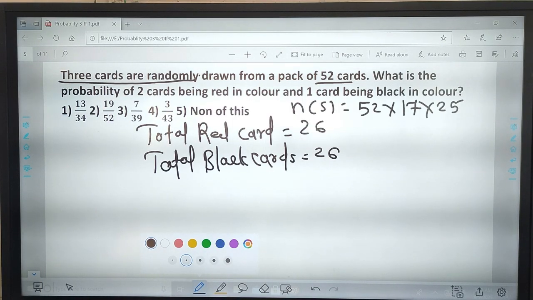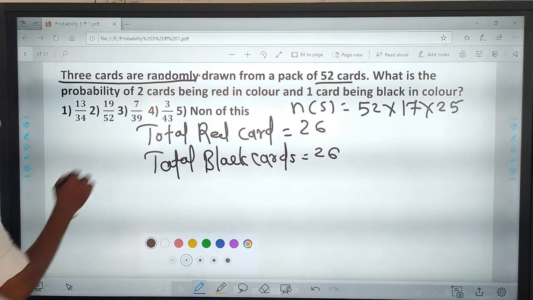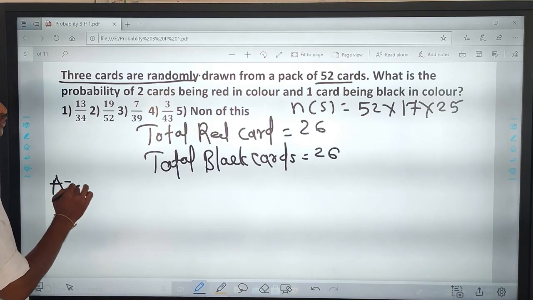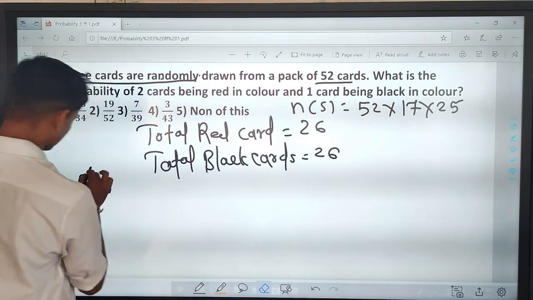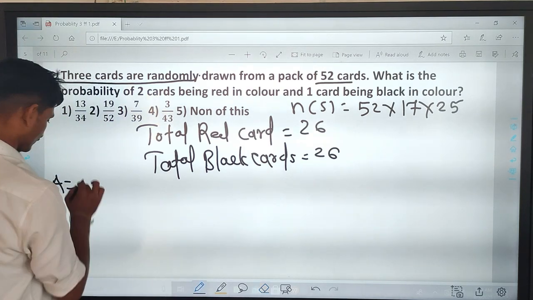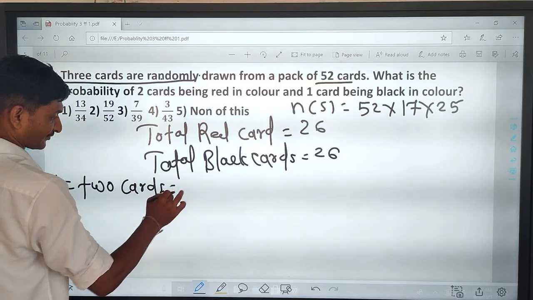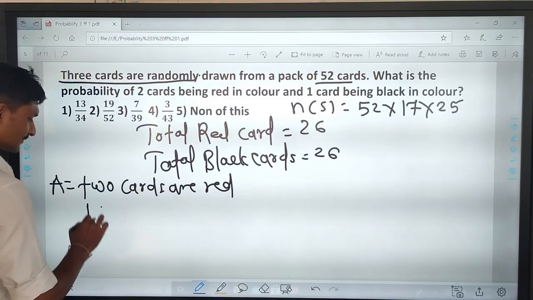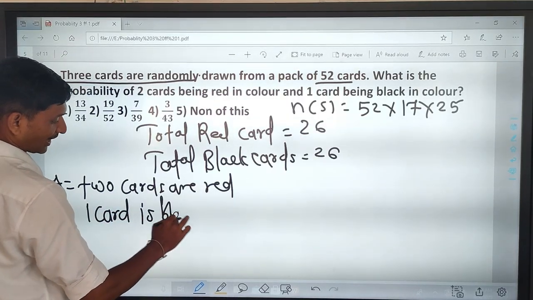Now, out of 26 red cards, two cards being red. Then here n(A) is equal to two cards are red and one card is black.